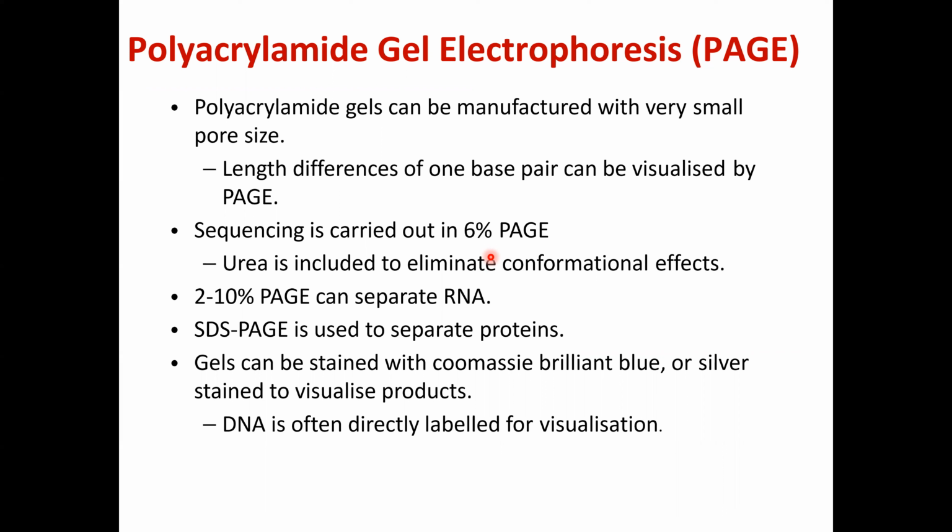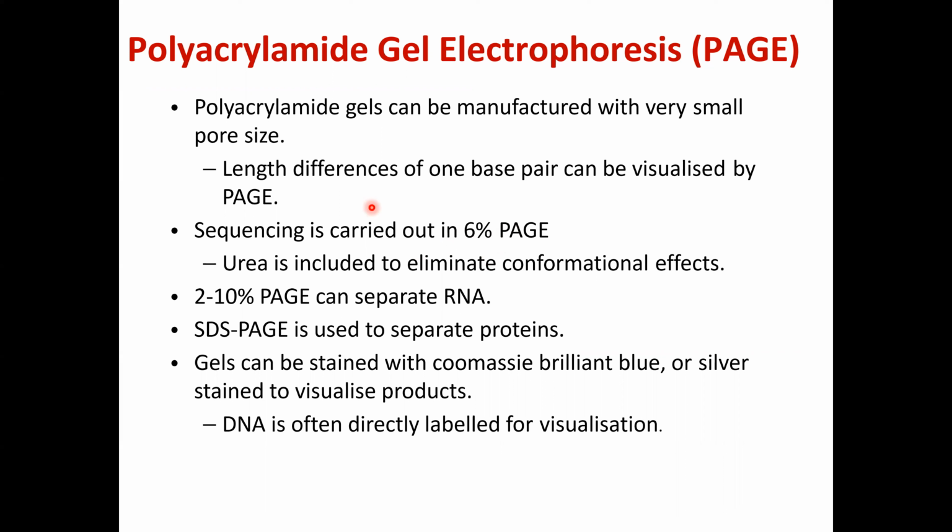I'm using PAGE since I was just introduced to PAGE or gel electrophoresis last year, when we were going to isolate bacterial strains, specifically E. coli. So PAGE gel electrophoresis is always used.